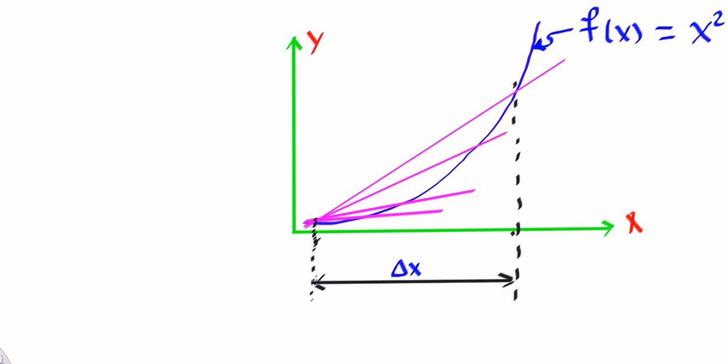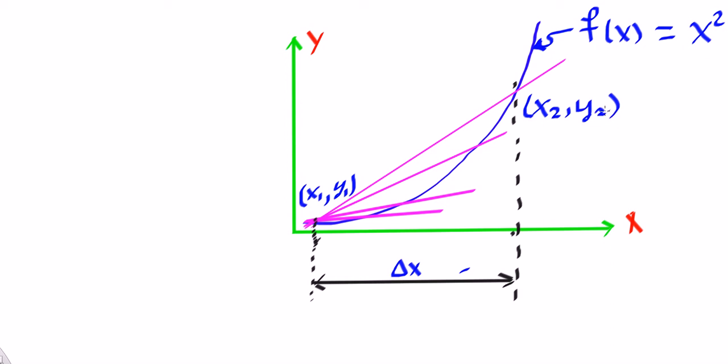And let's call this difference delta x, okay? And the first point here would have coordinates x1, y1, and the second point would be obviously x2, y2, okay? Point 1 and point 2.